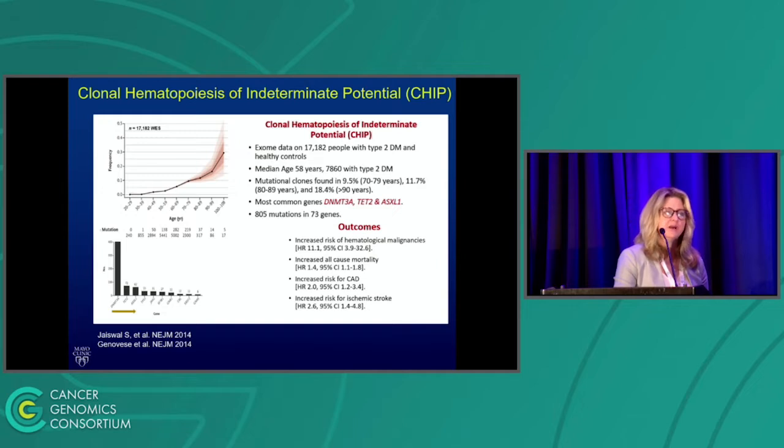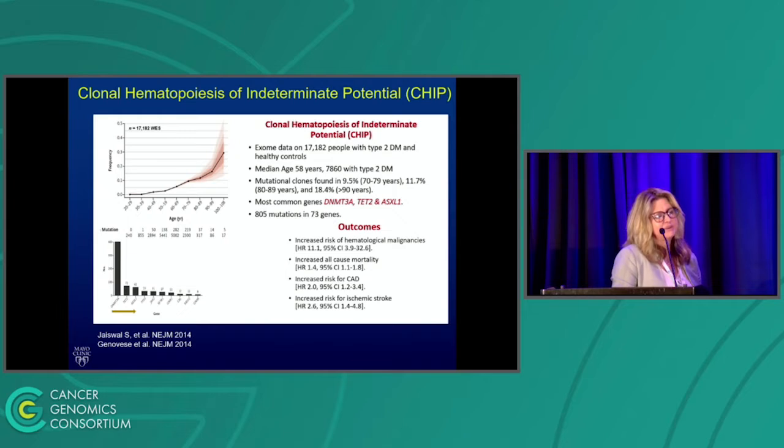Since then, there's been a number of large prevalence studies, and one of the largest of these is very well known. It was performed in 2014. This group looked at over 17,000 blood exomes in normal controls and patients with diabetes, and they found evidence of variants in genes relevant to hematologic malignancies.